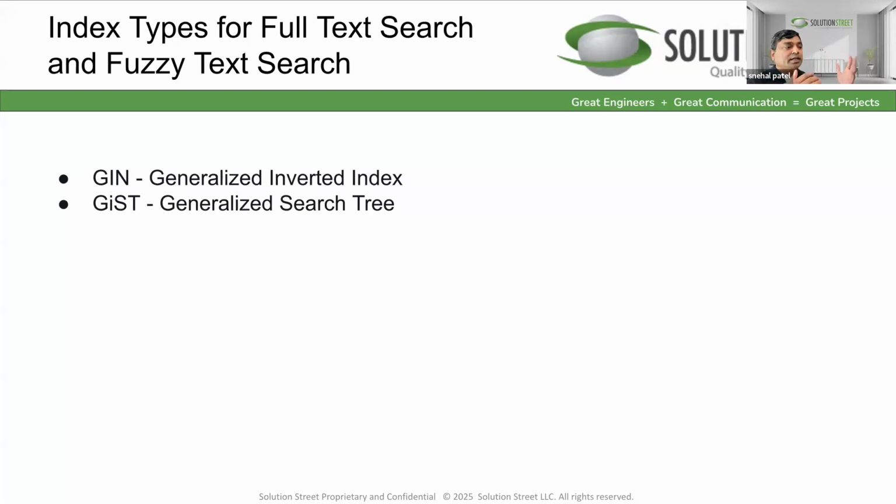There is a slightly different syntax, but there is an index for both types of search. GIN is the go-to index for both types of search. GiST can be used where the update needs to be faster. So let's look more into that.